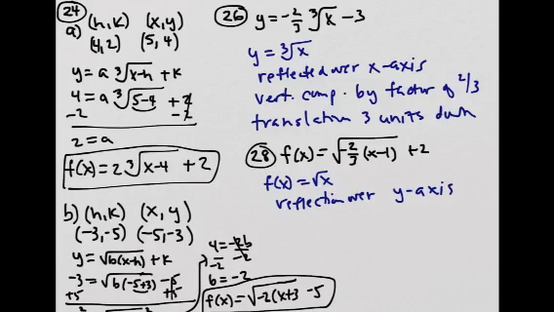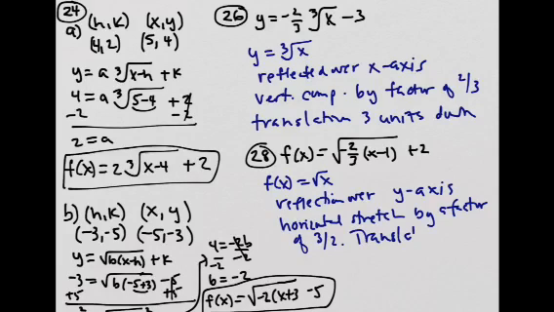It has a horizontal stretch because remember b is reciprocal, so 2/3 reciprocal is 3/2, which is bigger than 1. Horizontal stretch by a factor of 3/2, and then it's translated 1 unit right and 2 up.